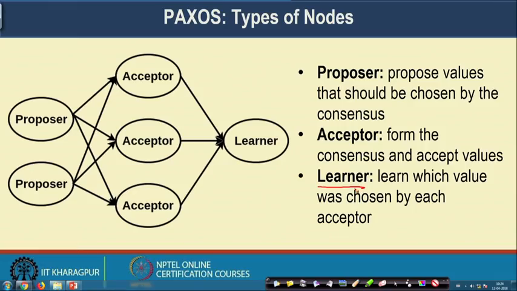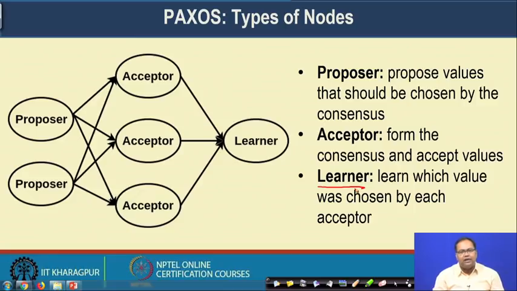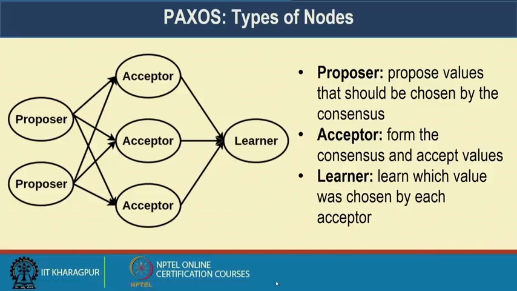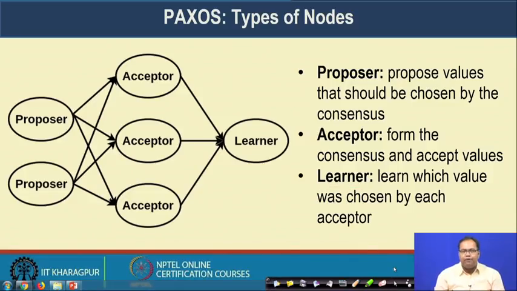And if some other friend of mine is proposing to go to Subway, I will agree to that. That way we look at whether the majority of nodes is proposing or accepting Subway or CCD, and accordingly the learner module will find out which value has been chosen by the acceptors, and then they will collectively accept that value. So, that is the broad idea behind Paxos. There are these three types of nodes: the proposer, the acceptors, and the learner. Everyone is a learner in the network, which learns what the majority decision is.